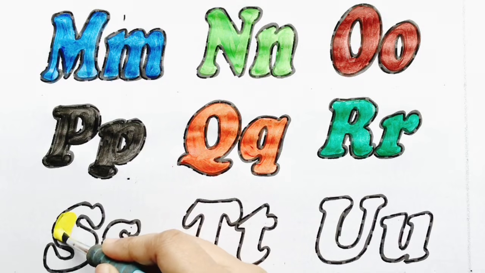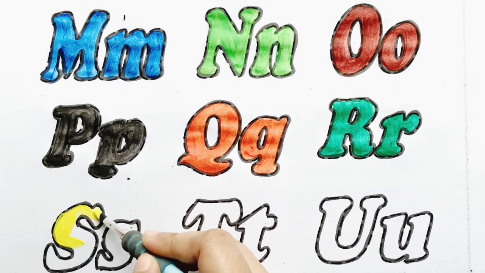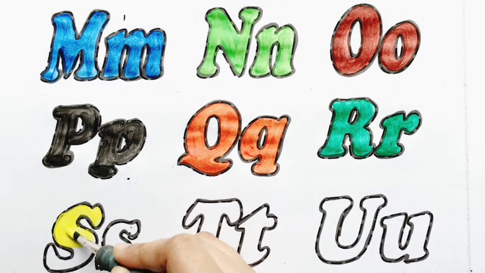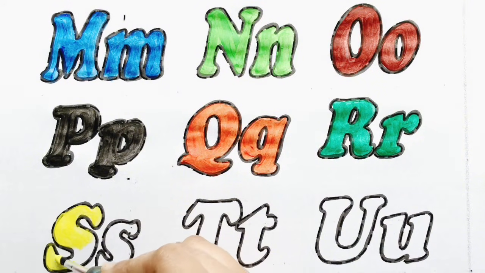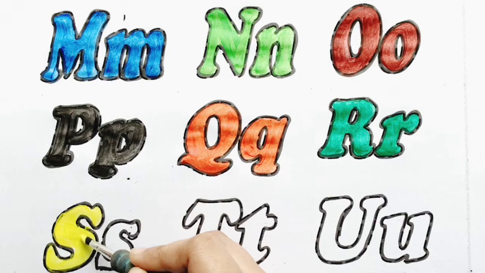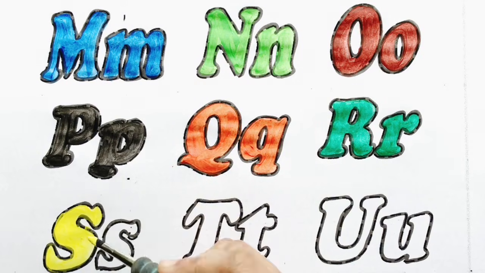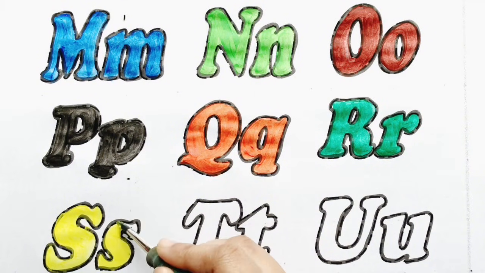Let's see a list of words. Yellow color. S. S for Snail. Angel, address, animal, answer. April, autumn, ambulance, airplane. Small letter S. S for Sun. Alligator.